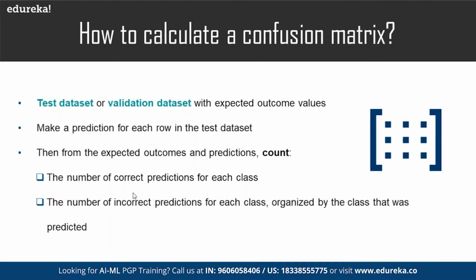There are different kinds of such things we get to meet, but at this point this is out of scope for us. So the number of incorrect predictions for each classification is organized by the class that was predicted.